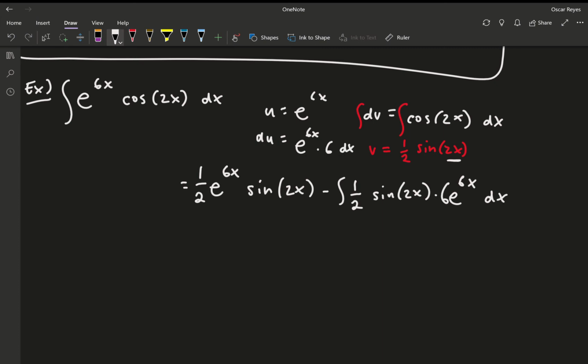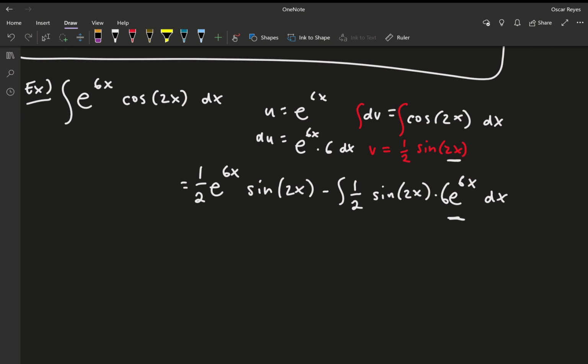So as you can see, we still have a product here, so we're most likely going to have to do another integration by parts. That doesn't mean that we're doing it wrong. We still have an e^x, and now instead of the cosine that we started with, we have a sine.